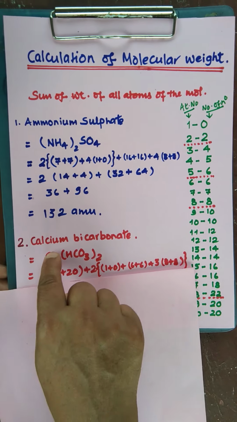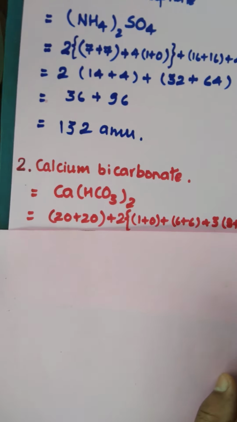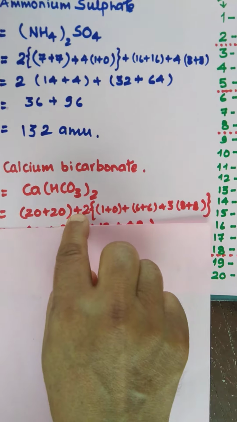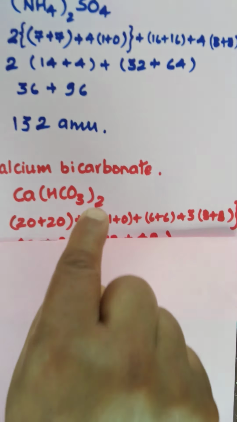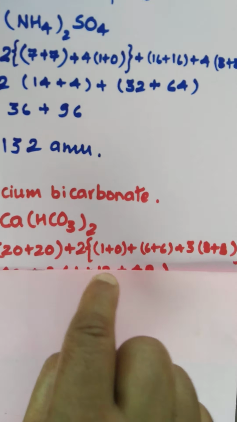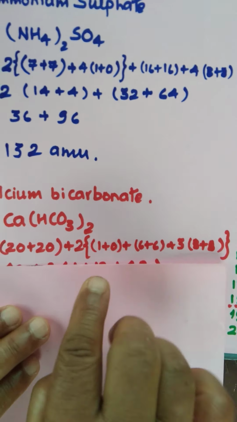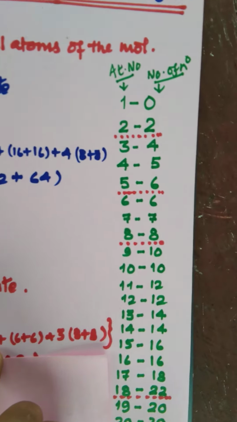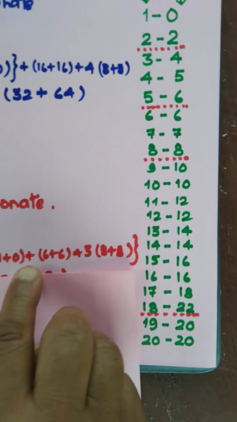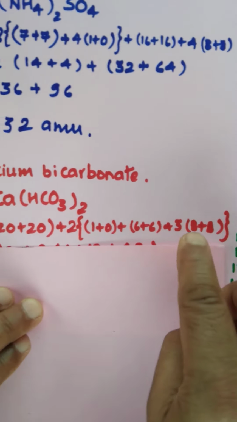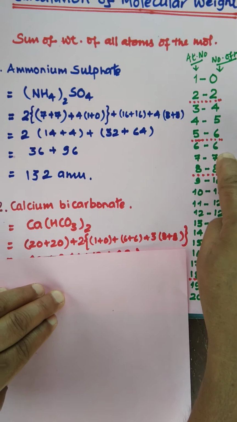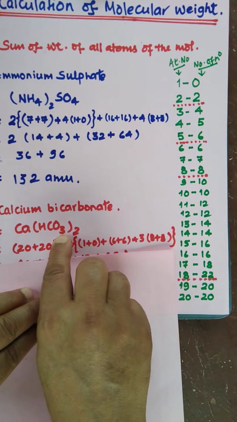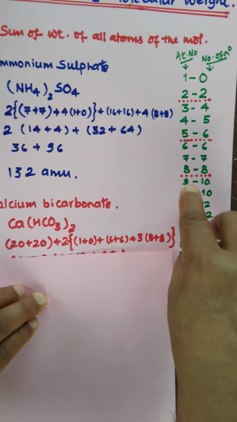Calcium is 20, and by chance it has 20 neutrons, 20 plus 20, and plus, and this 2 belongs to the whole bicarbonate. That's why I put the middle bracket starting here. Then hydrogen's 1, and there is no neutron as we described, plus, and carbon is 6, 6 plus 6, neutron is 6, and plus 3, that means there are 3 oxygen, and 8 plus 8, as you know.